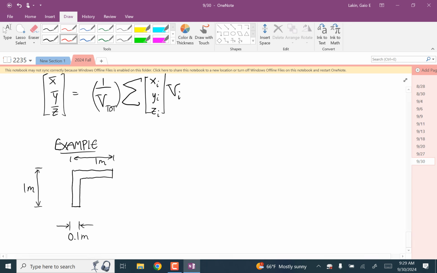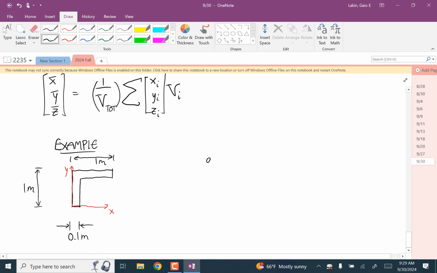And I'm going to put my coordinate system here. Your answer always is going to depend on where you put the origin of your coordinate system and the orientation of the coordinate system. The answer you get is going to be the coordinates of the centroid in whatever coordinate system you've chosen. And I'm going to do this 2 ways.